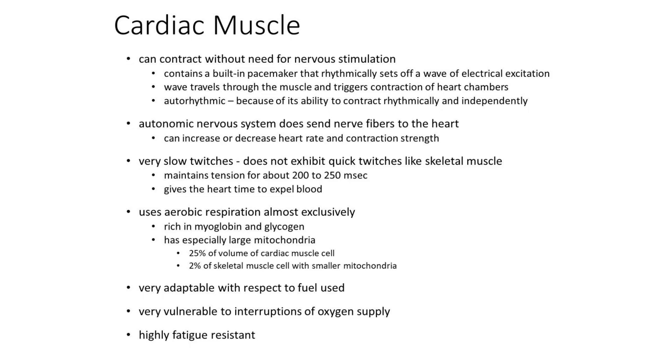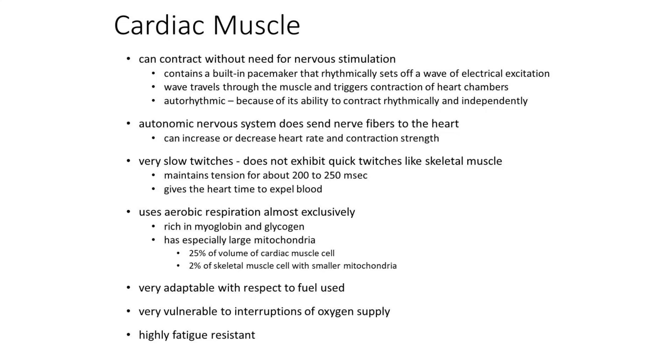So, our cardiac muscle can contract without the need for nervous stimulation. And this is because we have a built-in pacemaker that rhythmically sets off a wave of electrical excitation. This wave travels through the muscle and triggers contraction of the heart chambers.